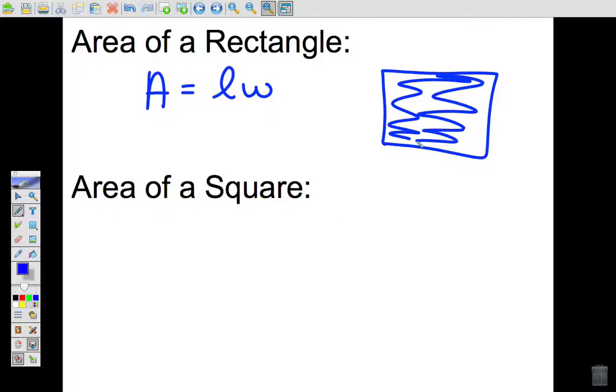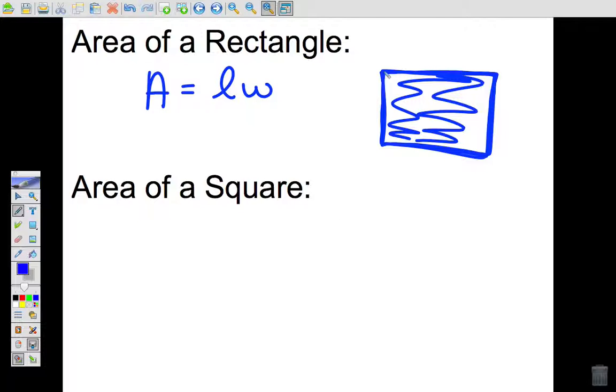For example, if you were finding the area of the floor in your living room at home, if you were going to get carpet for that floor, that's area. If you were finding the distance around that floor, maybe you're putting some strips of trim around it, that's perimeter. Area is how much is covered. So for a rectangle, you take the length times the width.